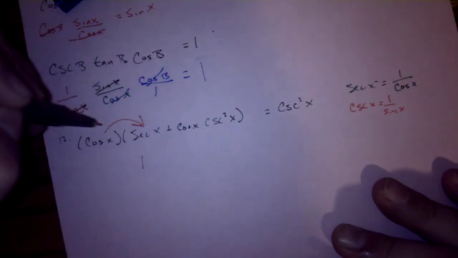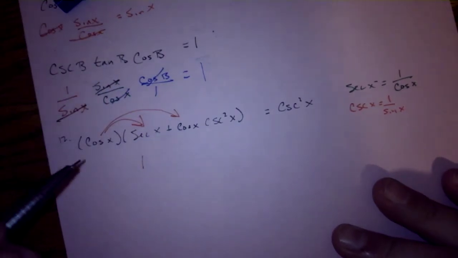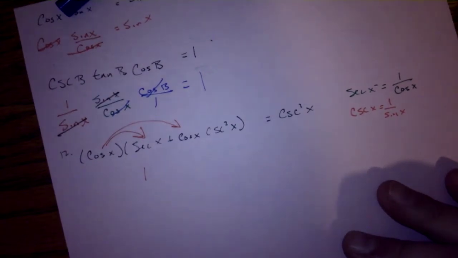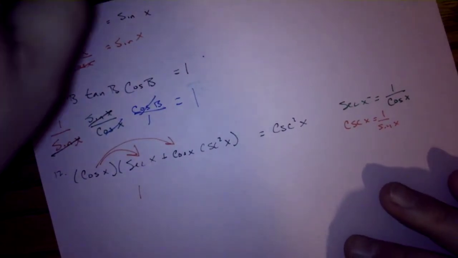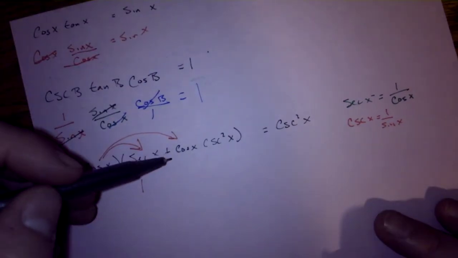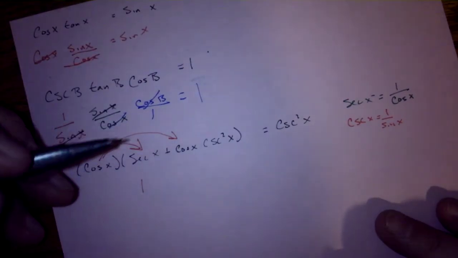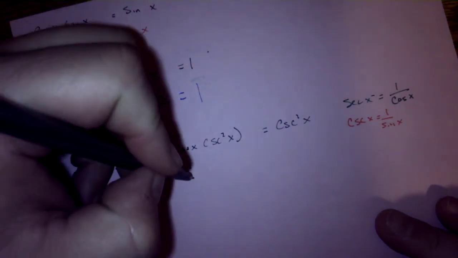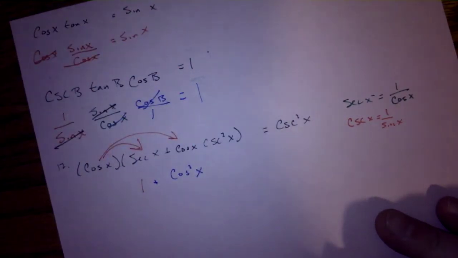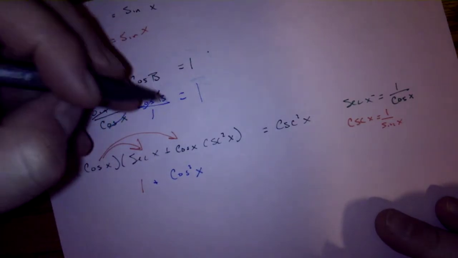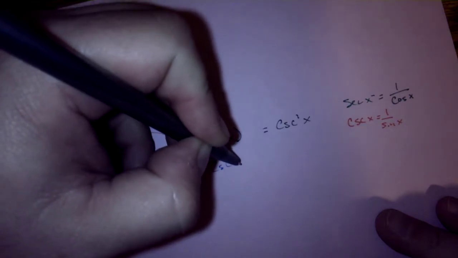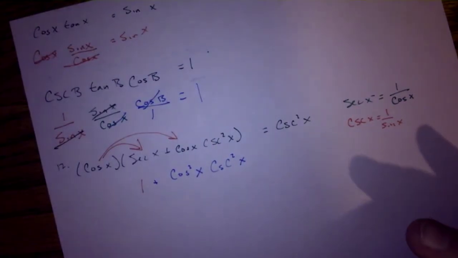We're going to have this cosine over here. So this is all one term. So I'm going to end up with cosine squared of x times cosecant squared of x.